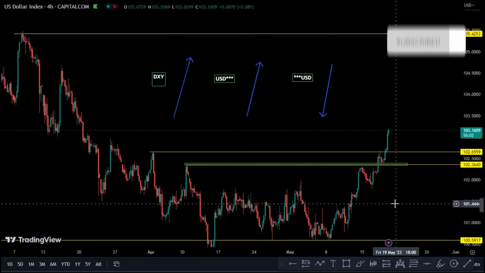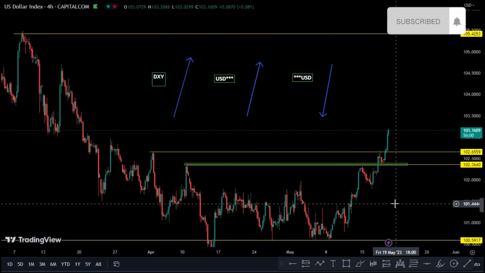And why do we use DXY? It's because DXY is an index, and indexes tend to respect structures more than currencies. They are much easier to analyze. That is why the majority of South African traders are heavily invested in indexes such as NAS 100, US 30, German 30, because they tend to follow a trend like 85% of the time, if not 90%.